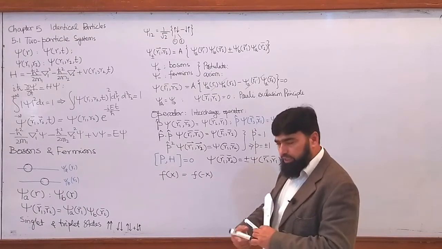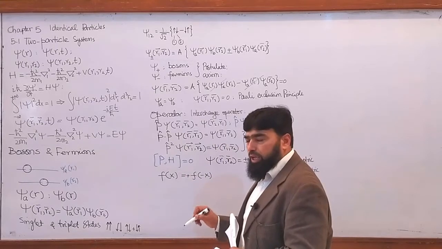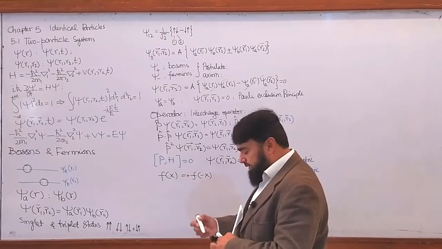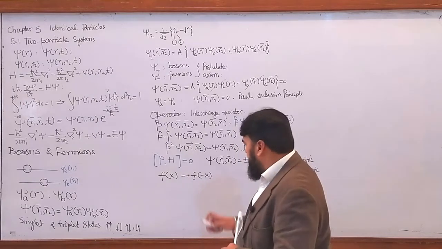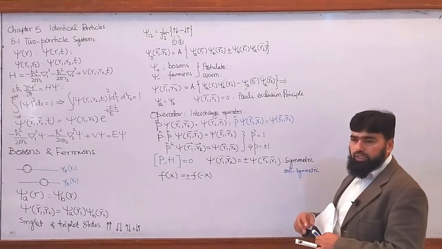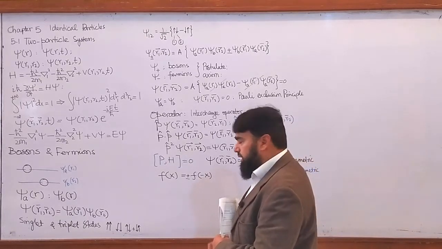Clear? Symmetric function means this sign remains plus. If you change x to minus x and it generates a minus sign, you will call it antisymmetric.